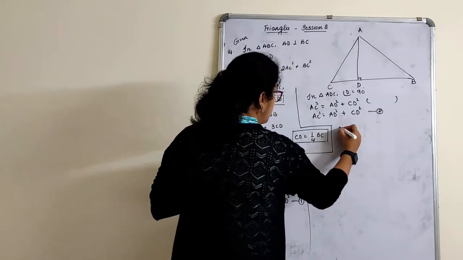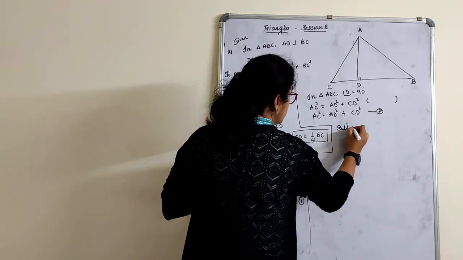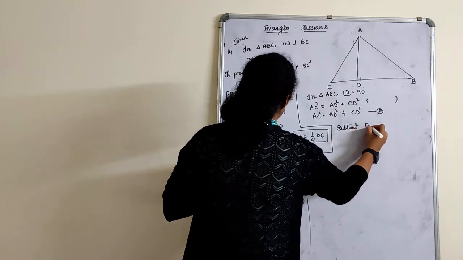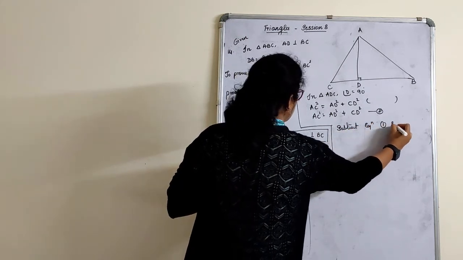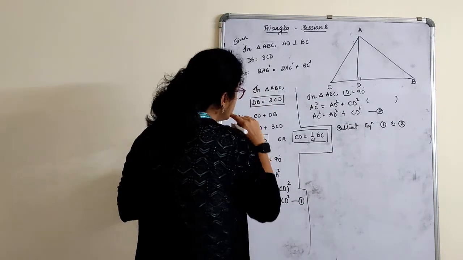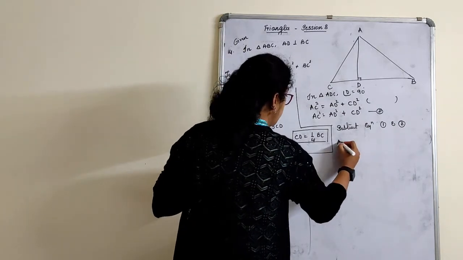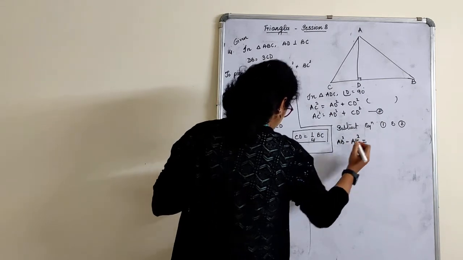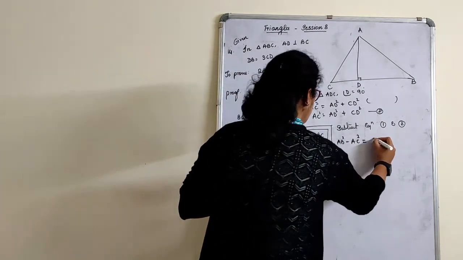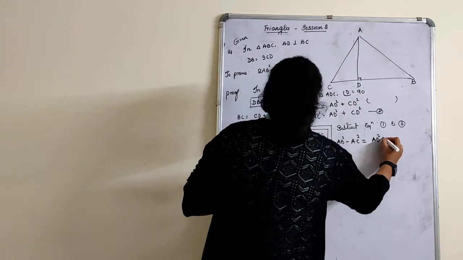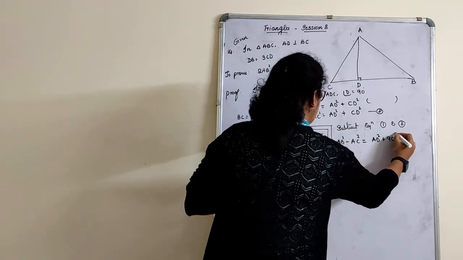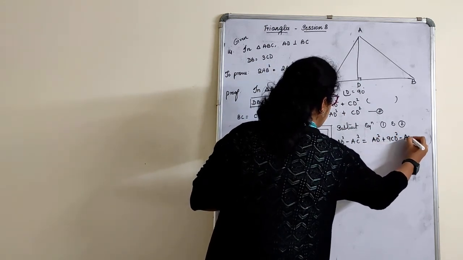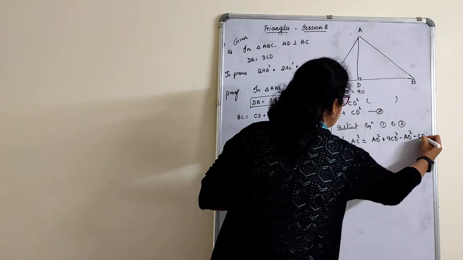So subtract equations 1 and 2. AB square minus AC square is equal to AD square plus 9 times CD square minus AD square minus CD square.